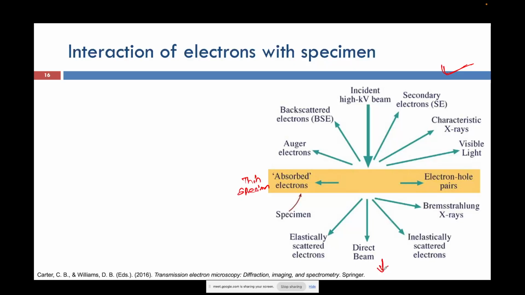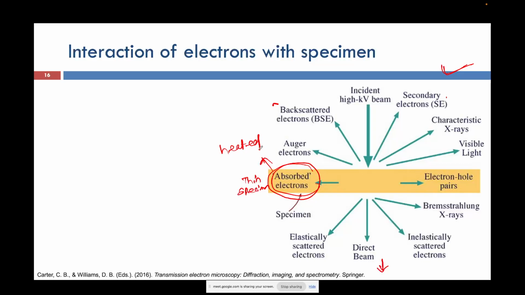I want to see what different kinds of rays are generated when my incident electron beam interacts with my material. Backscattered electrons will be generated, as well as secondary electrons, characteristic X-rays, and visible light. Some electrons will also be absorbed, and due to these absorbed electrons the sample might be heated also, right?